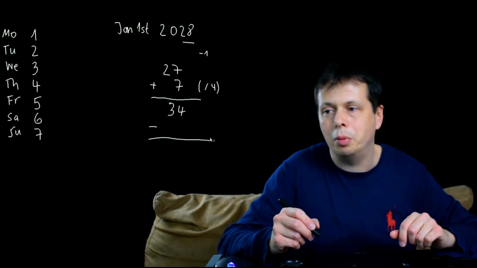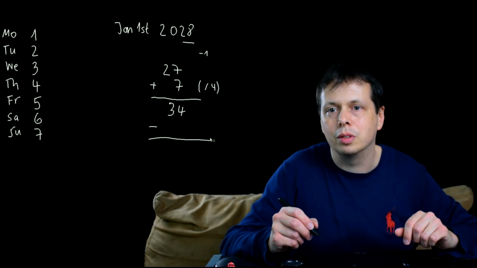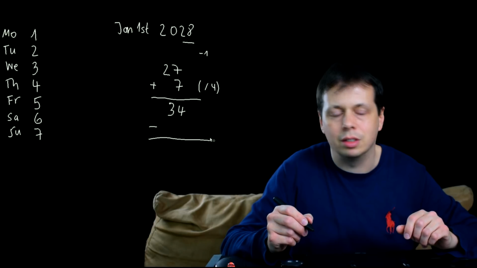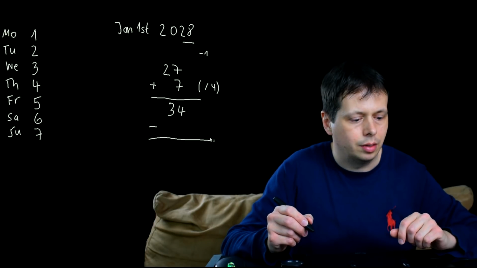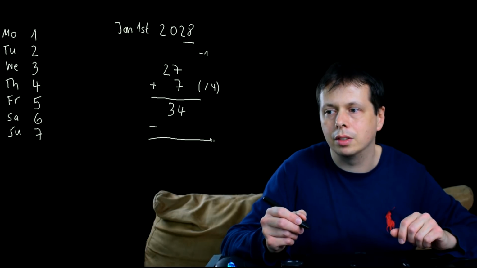And now you have to subtract, and how many times is the 7 in 34? So 5 times 7 is too high, because we would get 35.